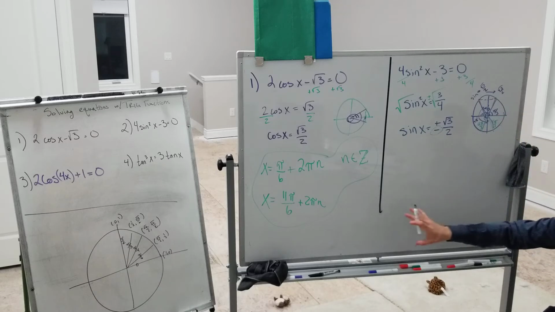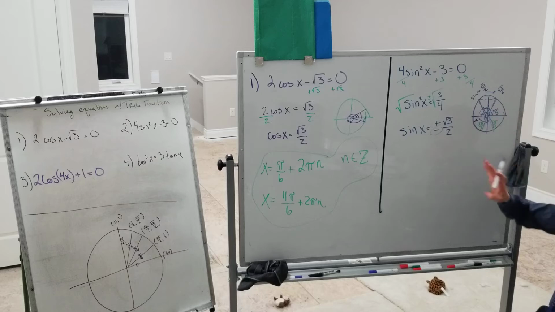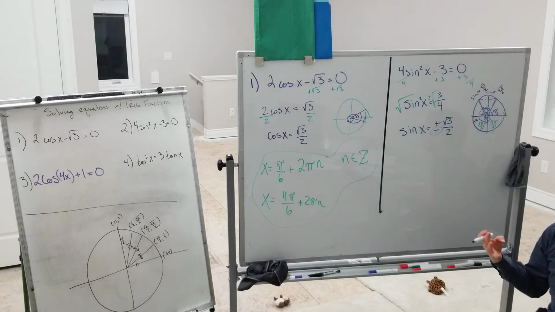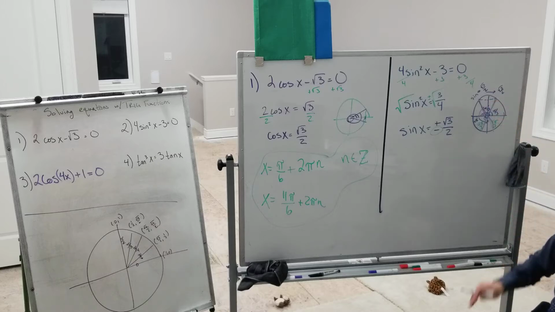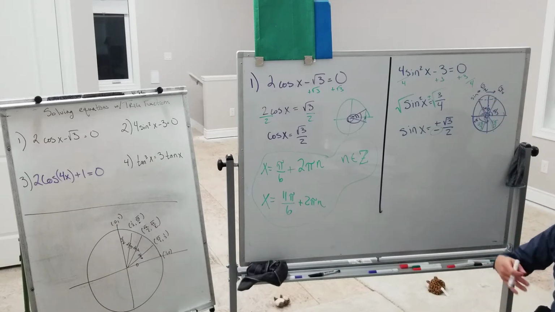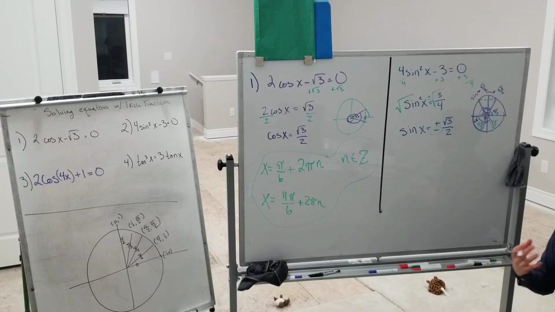So here I can kind of make it easier on myself. Instead of writing down 4 angles with a plus 2 pi n, I can just write down these 2 angles and then add pi n. Because if I add pi to this angle, I get this angle. If I add pi to this angle, I get this angle. And that's because the pi, remember, is like 180 degrees. It makes a straight line when you add it.